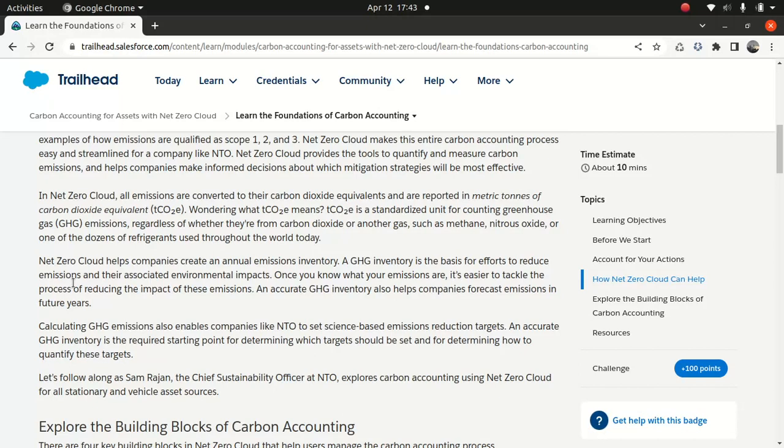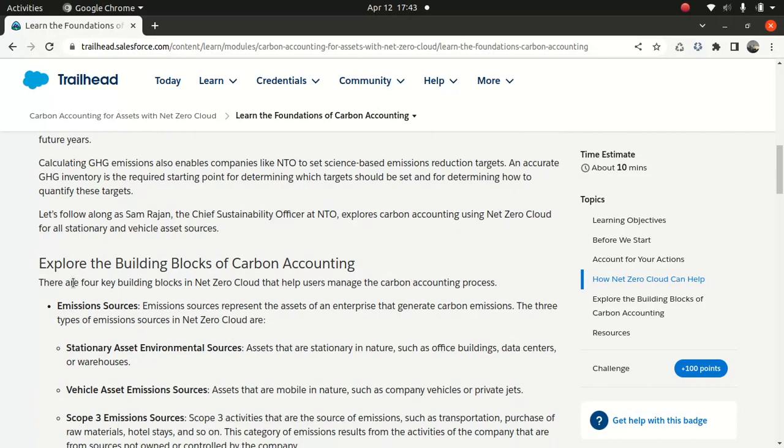Okay. Now, when we talk about emission, obviously, emission is a big part when it comes to climate change, right? That's the reason why we are even talking about it. If there are no emissions, there won't be any climate change, right? So I'm not talking about the natural emission. There are a lot of things which happen naturally, which we can't do much about, right? Because obviously, when nature creates something, it creates in equilibrium.